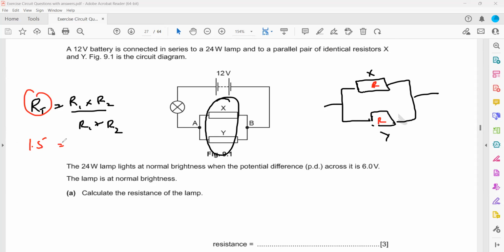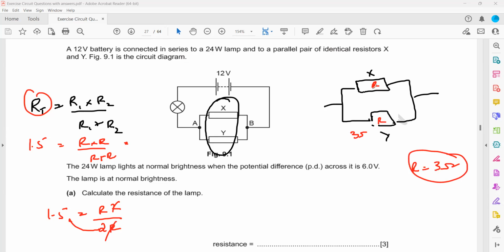So R multiplied by R divided by R plus R equals 1.5. R times R is R squared and R plus R is 2R. So R squared cancels with R, and the 2 is multiplied across. So the resistance of an individual resistor is 3. This is 3 ohm and this is also 3 ohm. Is it clear, this part?